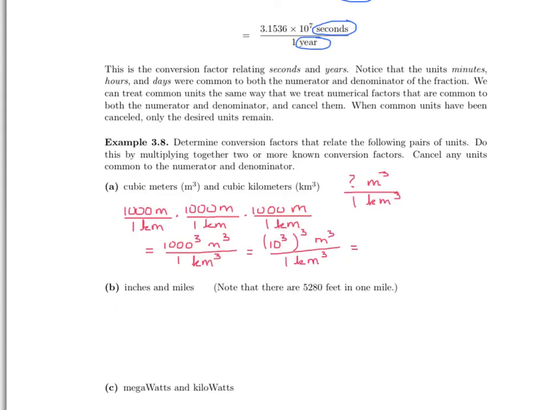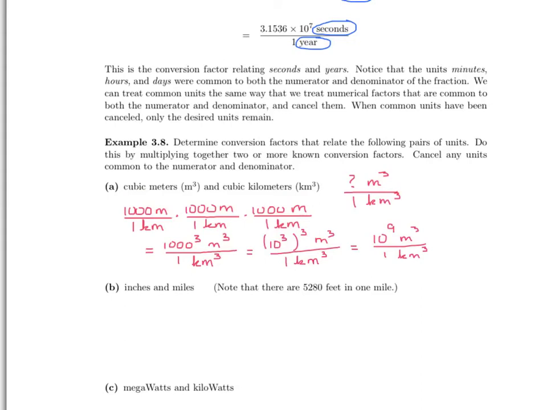So we have 10 to the 9 cubic meters per 1 cubic kilometer. Remember that 10 to the 9 is a billion. So really what we learned from this is that there are a billion cubic meters in 1 cubic kilometer.